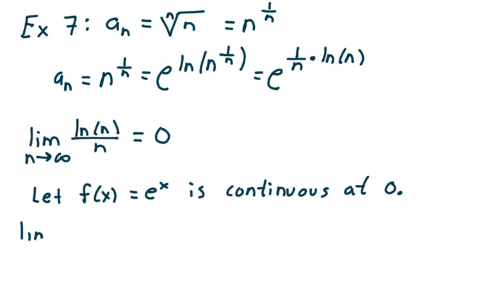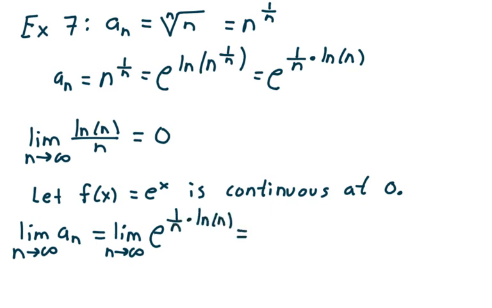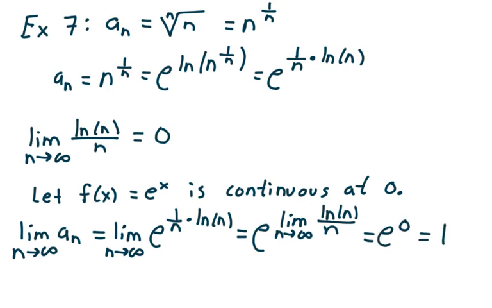So the limit as n goes to infinity of a sub n is the limit as n goes to infinity of e to the 1 over n times the natural log of n, which is e to the limit as n goes to infinity of natural log of n divided by n, which is e to the 0, and that's equal to 1.